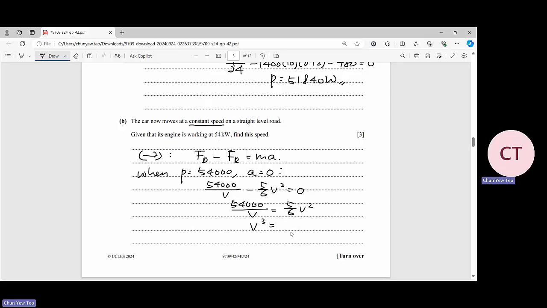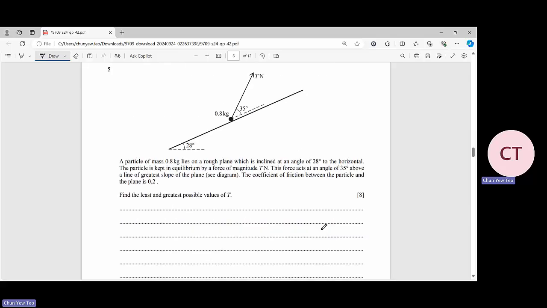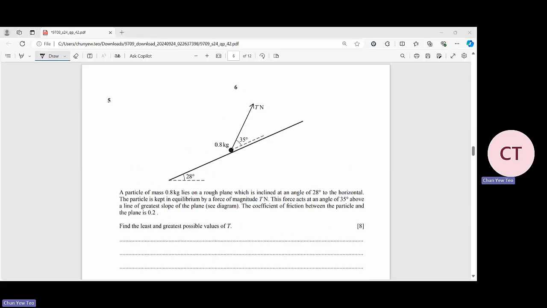Again, v cubed equals 6 over 5 multiplied by 54000. Just press the calculator, you get v as 40.2 meters per second. Done. This will be the answer for question number 4. Now we are moving to question number 5.